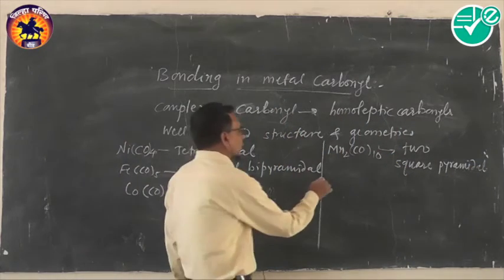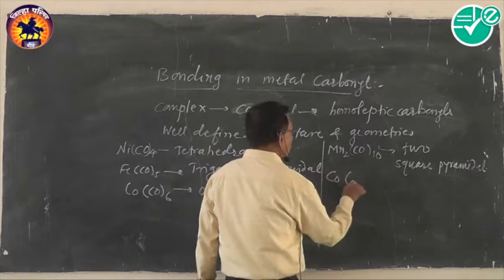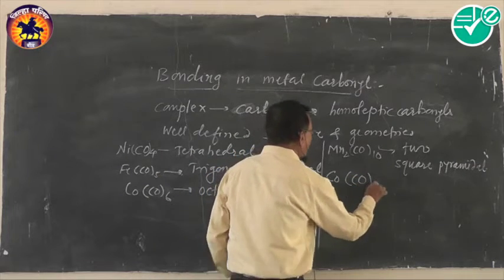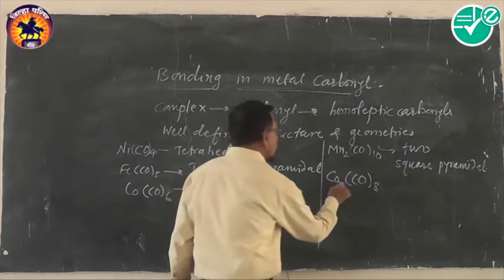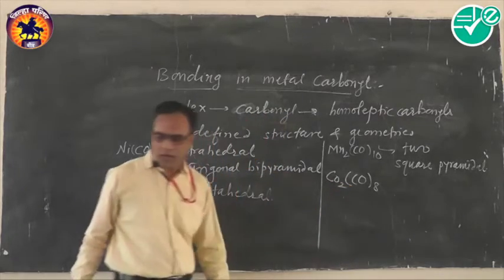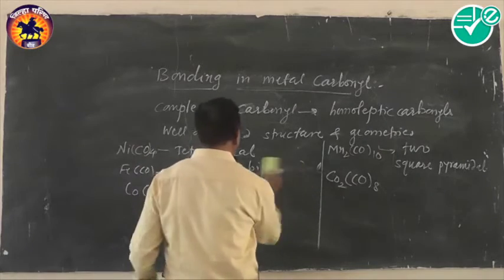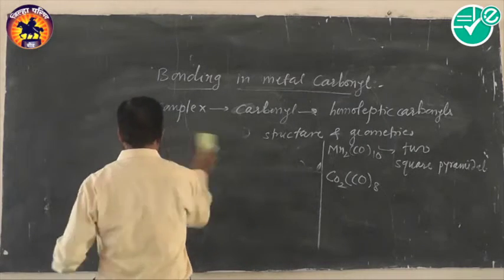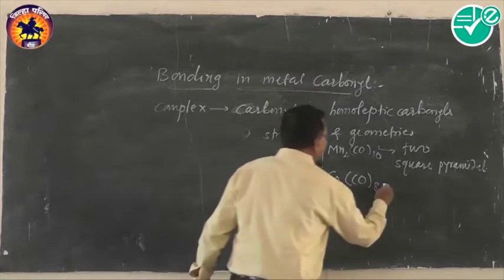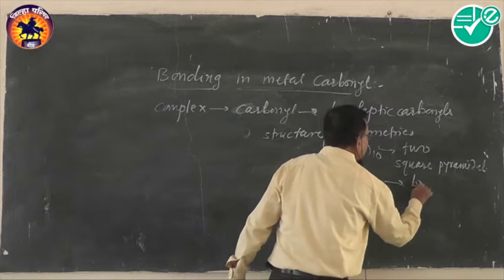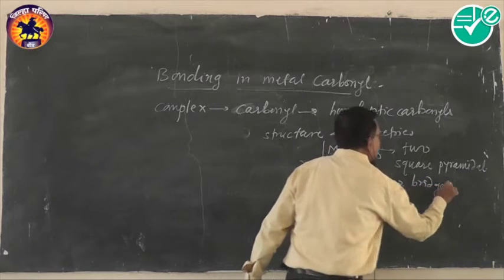Then Co2(CO)8, that is octacarbonyl dicobalt. It has bridging ligands, and hence this complex is known as a bridged complex.